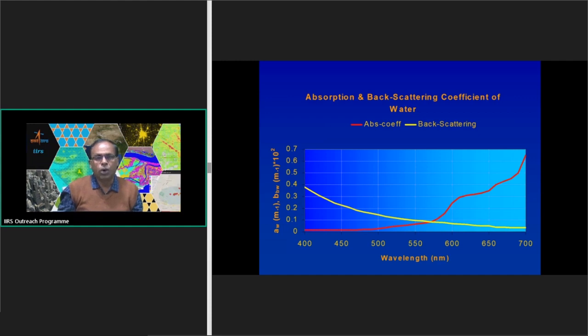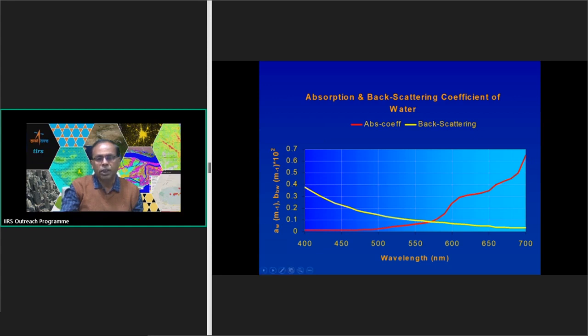So let us now study the absorption and backscattering characteristic of water, where we are seeing the absorption is very less, which is represented by red line in the blue part of the spectrum, and slowly it is increasing towards the red end of the spectrum.